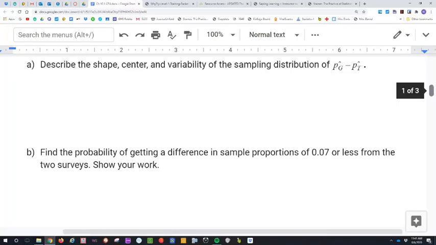To find the shape of this sampling distribution of the difference of two proportions, we need to look at the population proportion. What's the population proportion of students who own technology in Granger? It will be 0.6, 60% changed to decimal.